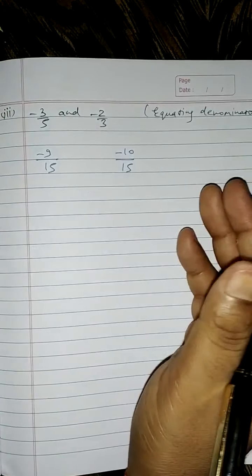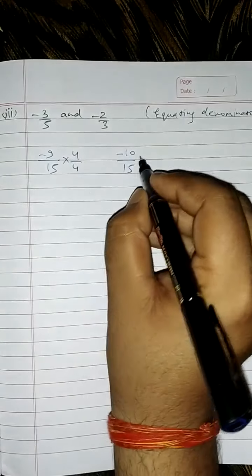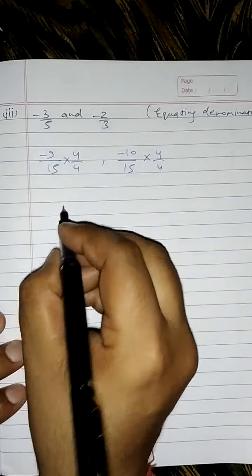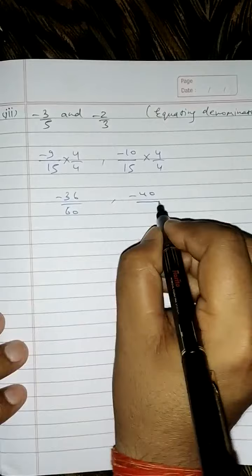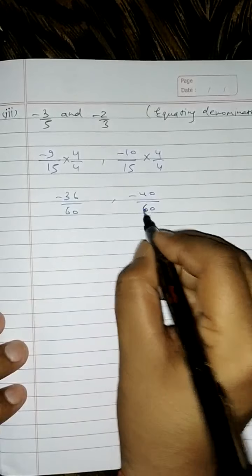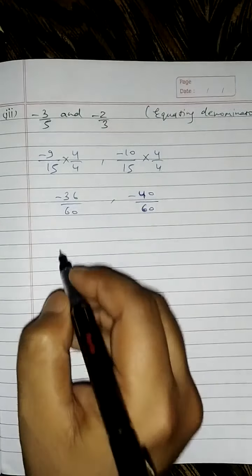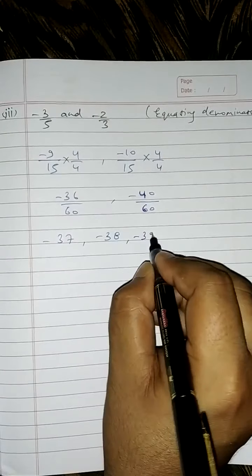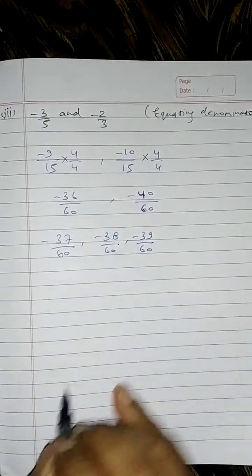So we have to find 3 rational numbers, so we have to multiply by 4. 9 4s are 36, 15 4s are 60, 10 4s are 40, 15 4s are 60. Now between 36 and 40 we have 3 rational numbers: 37, 38 and 39. Exactly, we have 3 rational numbers here.